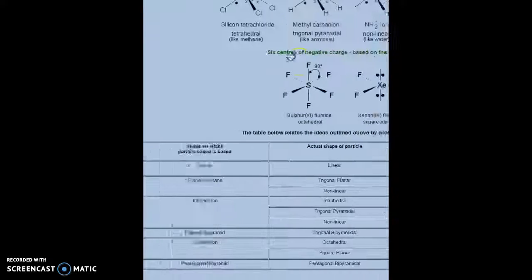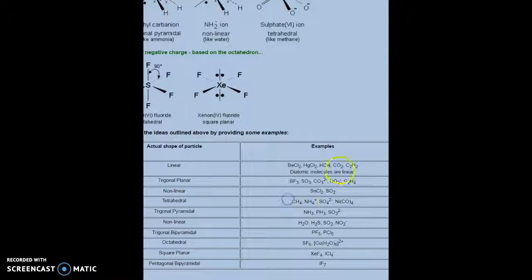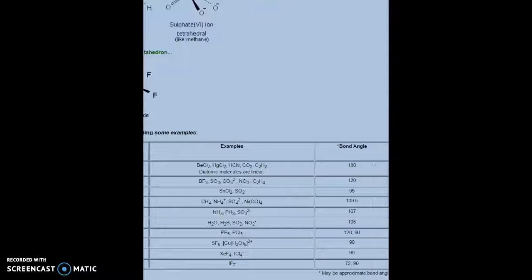And what you're going to notice here is that it has a whole bunch of different examples of molecules, and it tells you not only their actual shape, but it also tells you their bond angle over on the right. Okay, so that's what I'm going to have you use to find not only the bond angles, but also the shapes, because one of the questions does ask you about that.